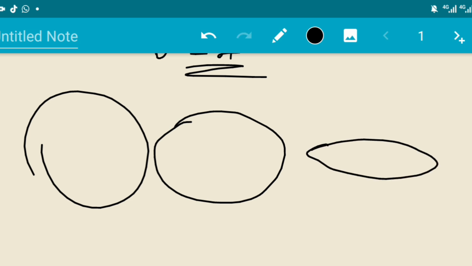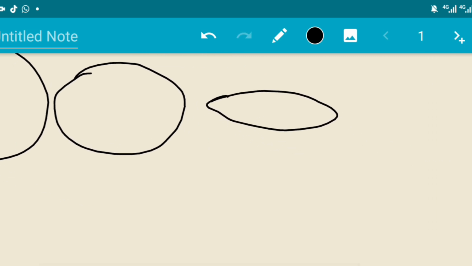So the eccentricity is a ratio of its axis. It's the ratio of its focus to the major axis. It tells us how flat or wide this ellipse is. So the eccentricity is given by C over A. That's all that it is.